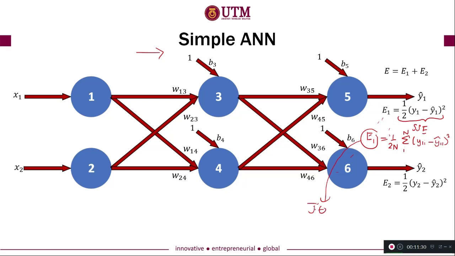Remember, your J theta is this expression. I think in the previous class we discussed this, using MSE. However, for an artificial neural network, you cannot define your cost function as only E1, because in an artificial neural network you have several outputs.